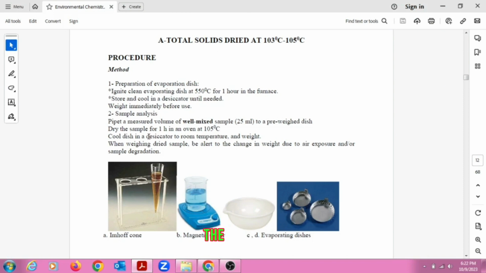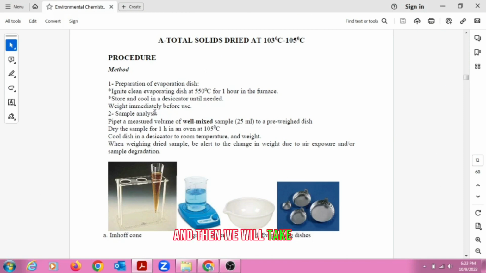Now the procedure for finding out the total solids. Total solids is the amount of solids which is suspended or dissolved, so it's the sum of them. What we have to do is take the beaker and dry it so that there is no moisture, then cool it in the desiccator and take the weight.